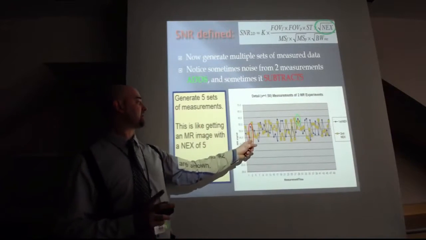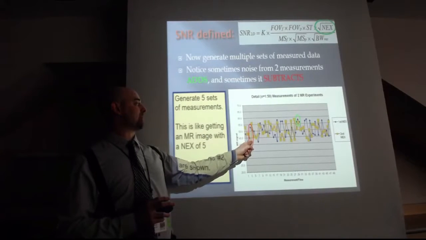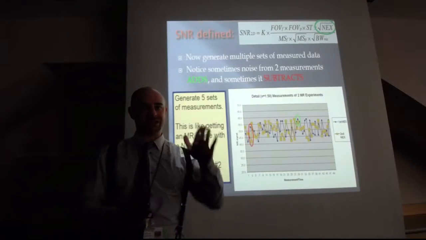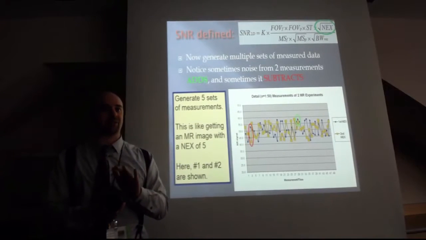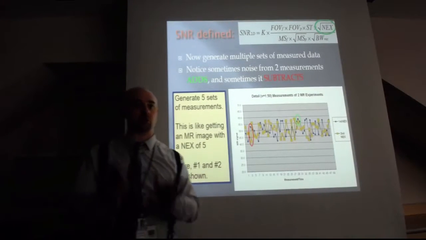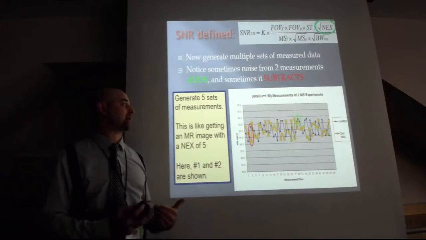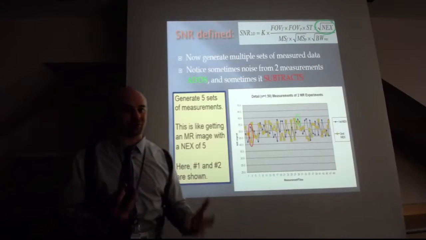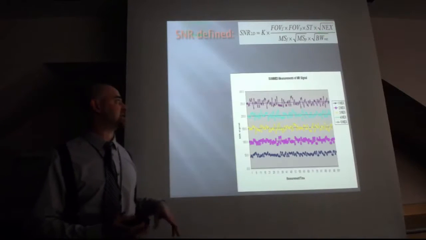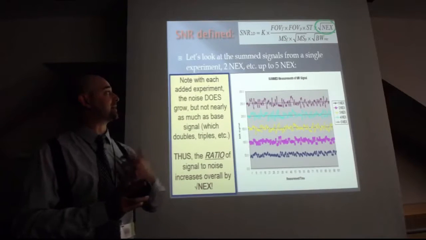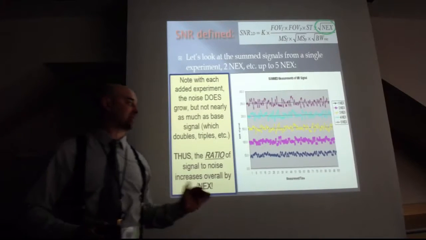But in a case like this, the noise in one measurement is below 50 and the noise in another is above 50. So in cases like this, the noise is going to tend to cancel itself. Especially when you do this over multiple iterations, it all evens out in a very nice statistical manner, and it ends up averaging to the square root as you add it. Well, I know it's not good enough to just say that, so let's look at the summed signals from a couple different experiments.